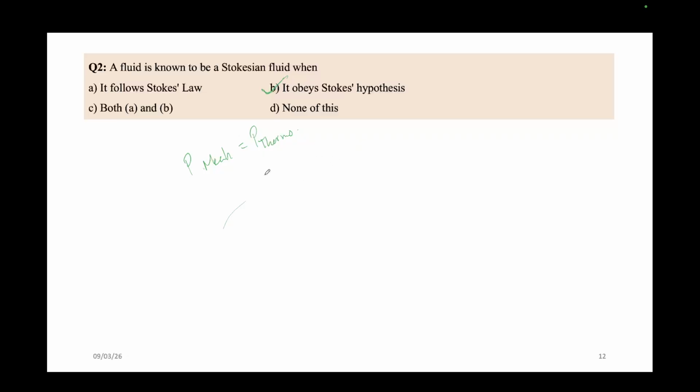The main thing is that it should follow the hypothesis on bulk viscosity, or second coefficient of viscosity. Both terms are used, but I use bulk viscosity. This should be minus 2/3 times the dynamic viscosity. This is your bulk viscosity.